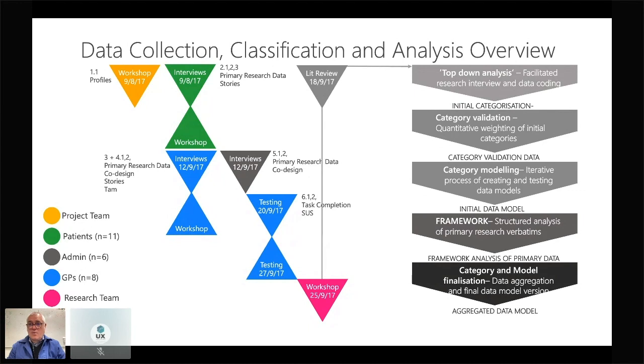So then we got into the more structured way of doing this, and this is using a model called Framework, which has been used in healthcare previously, and that involved taking and tabulating all of the data and then weighting it in different ways.